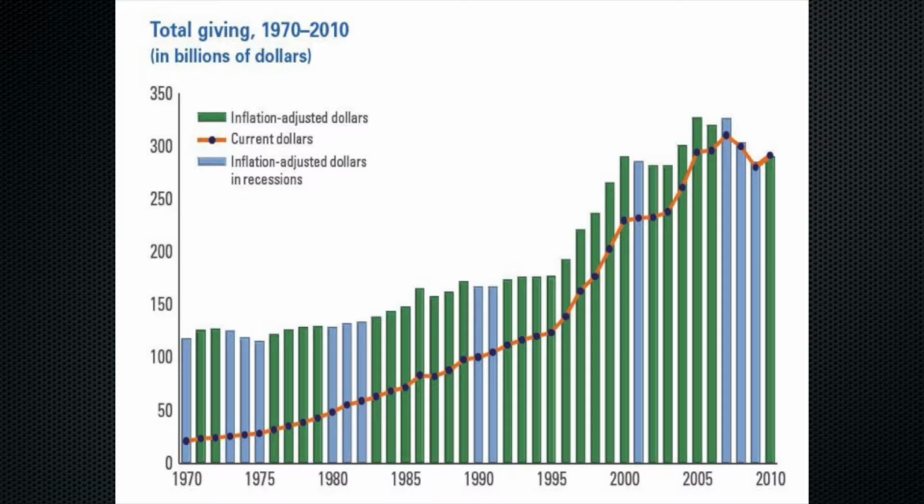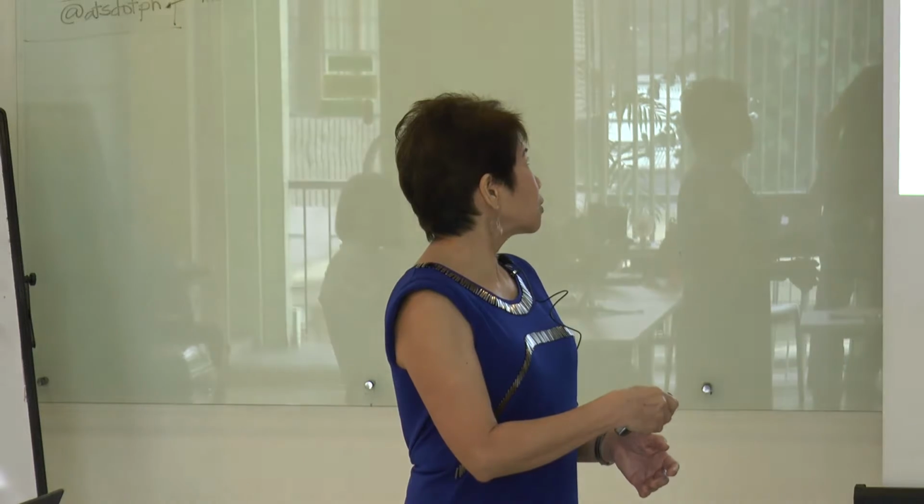Look at this graph of giving. From 1970, from 100 plus billion, it has grown to 300 plus billion. And yet, research says that Christians are only giving 2 to 4% of their income.